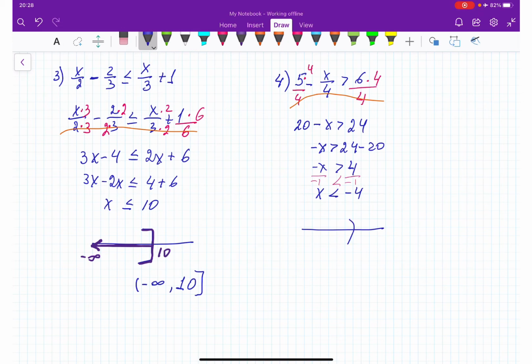It's going to be a parenthesis, right? This is going to be negative 4, and this is going to be negative infinity.